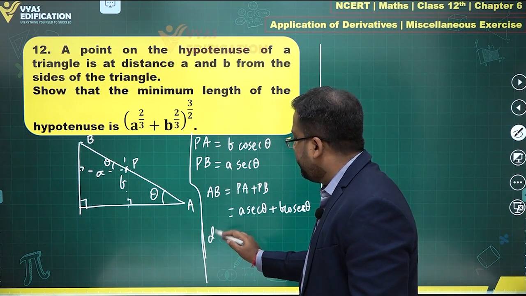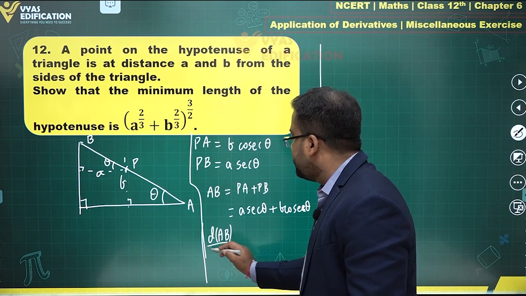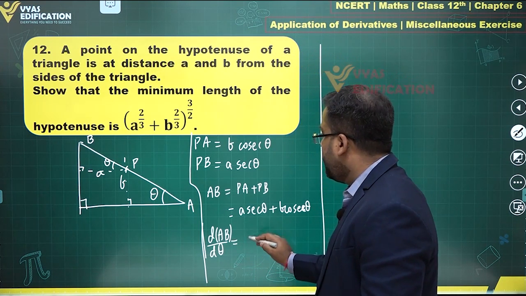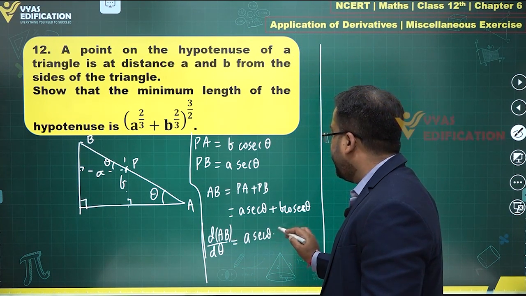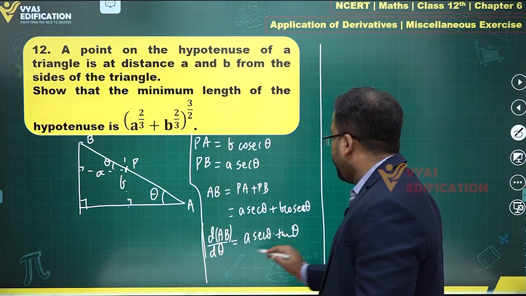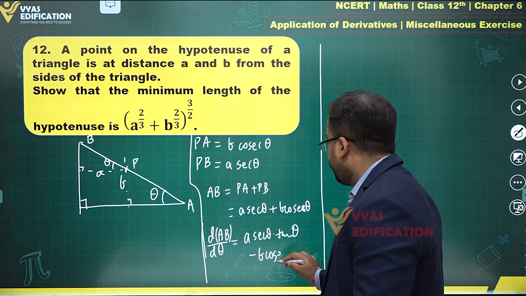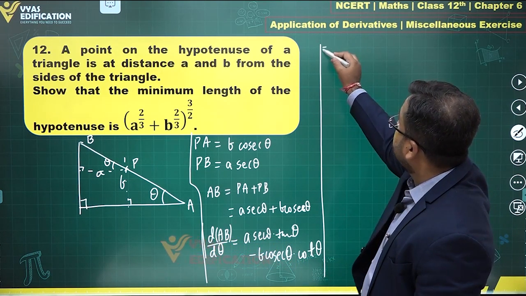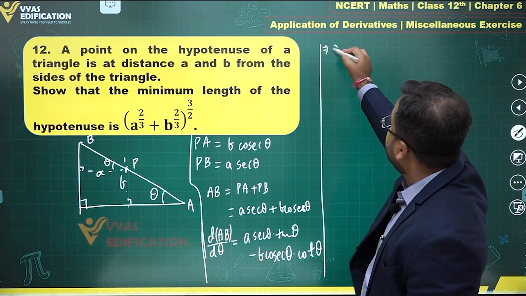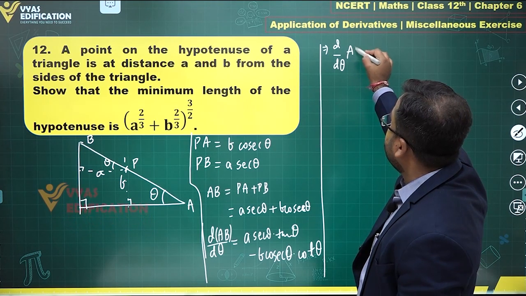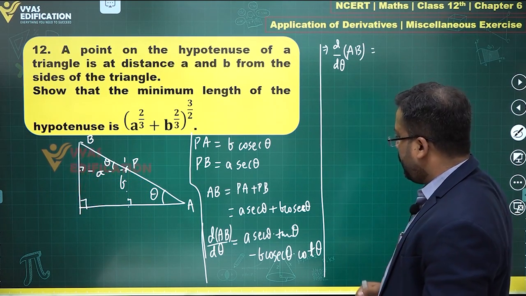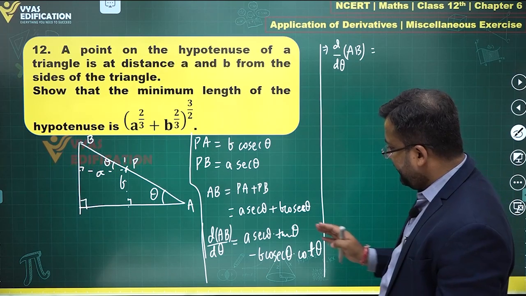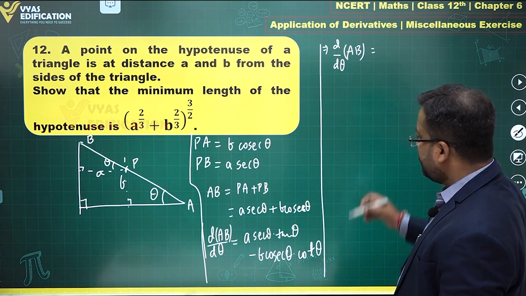So the derivative of AB with respect to theta, what is that? a times sec theta tan theta minus b cosec theta cot theta. This is what you have. So this implies that d by d theta of this hypotenuse length AB is equal to what? Let's see this. This is a sin theta upon cos square theta.